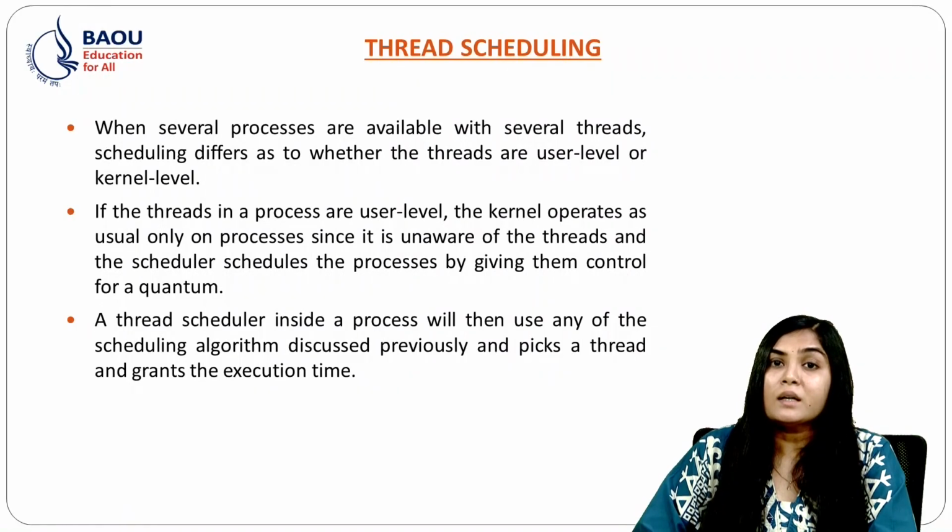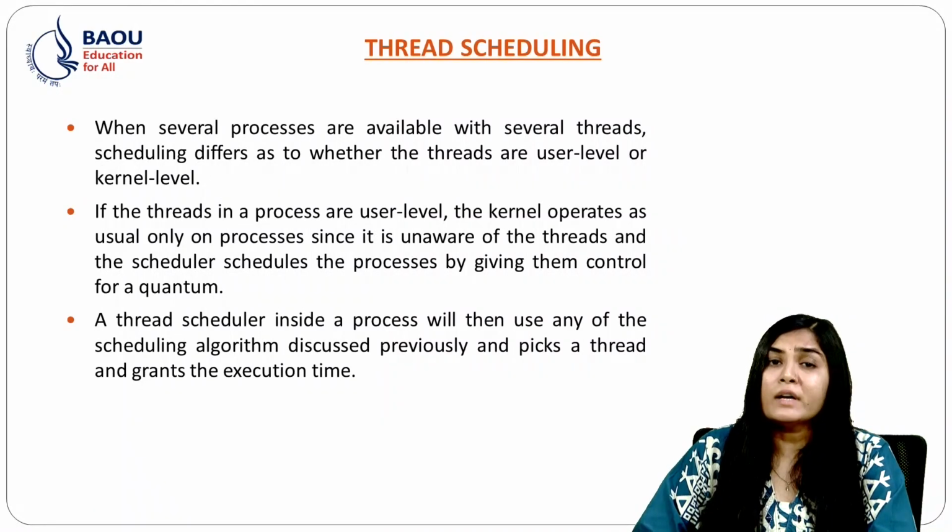This thread runs until it finishes its job or until the quantum time for the process ends, in which case the system scheduler takes the CPU and grants it to another process.